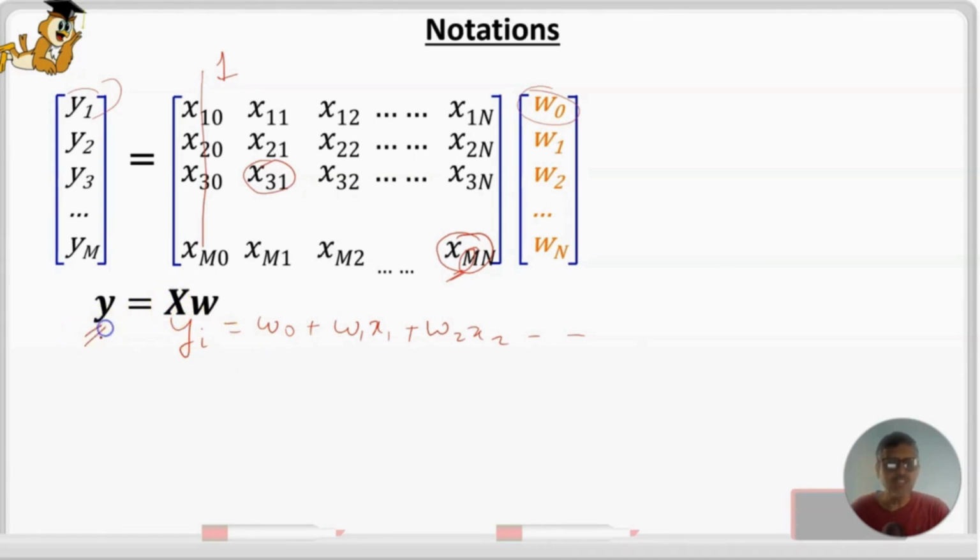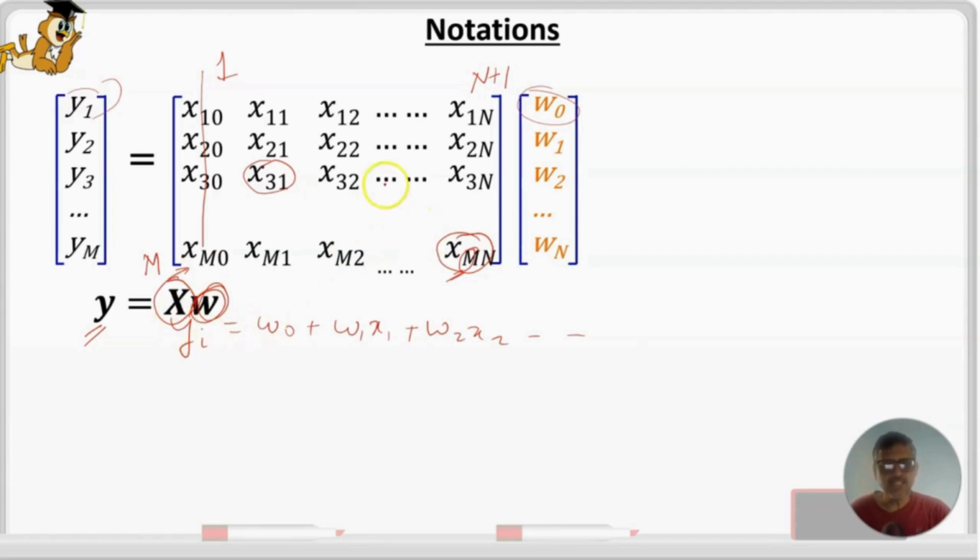So y is the vector of answers returned by our model, w is the vector of the weights, and x is the matrix of values of independent variables for each of the points in the training data. And the dimension of x is, of course, m rows and n plus 1 columns, right?